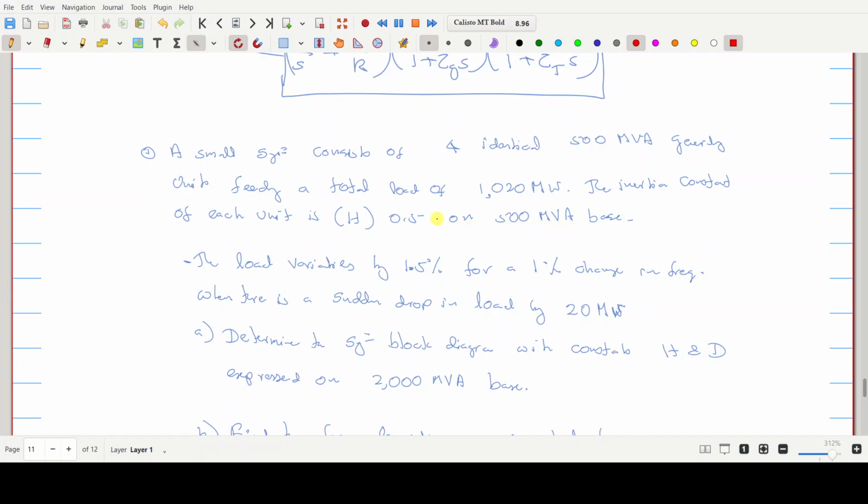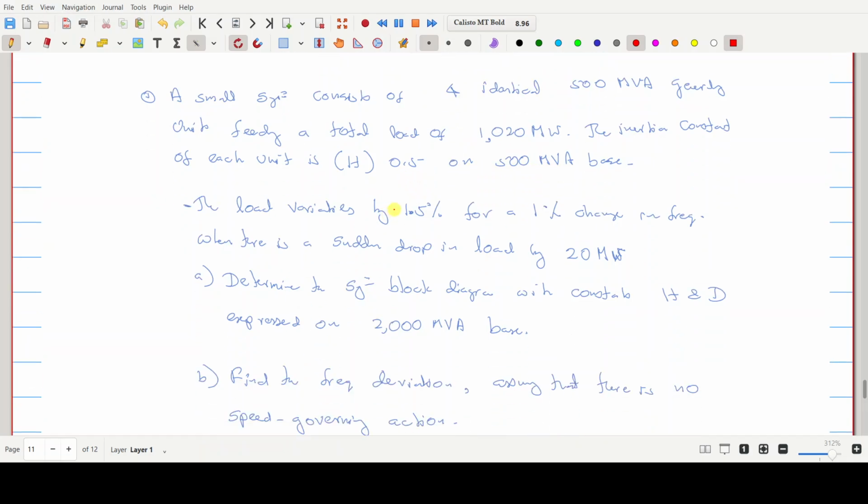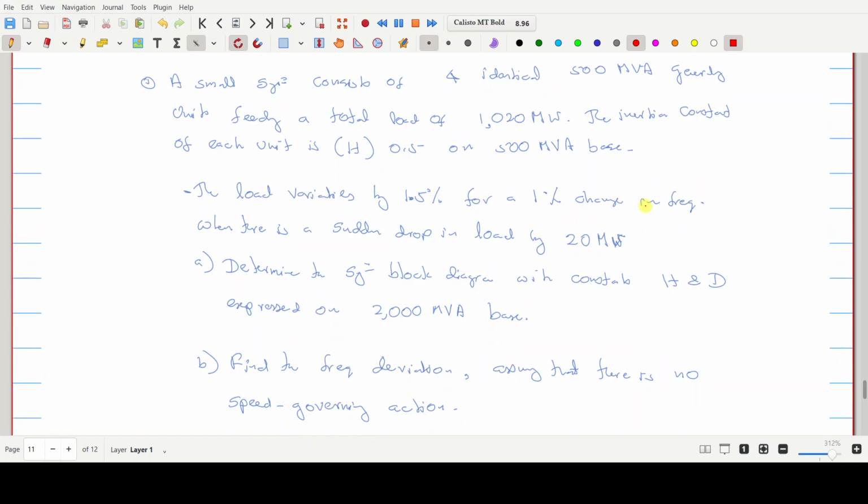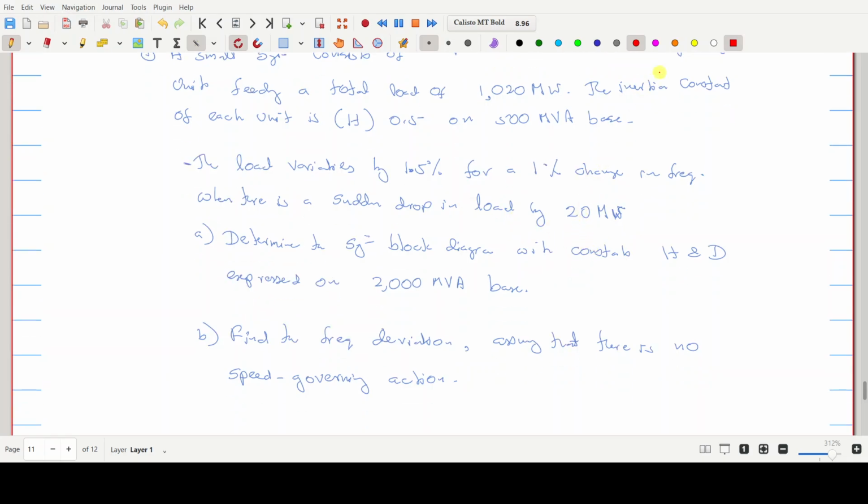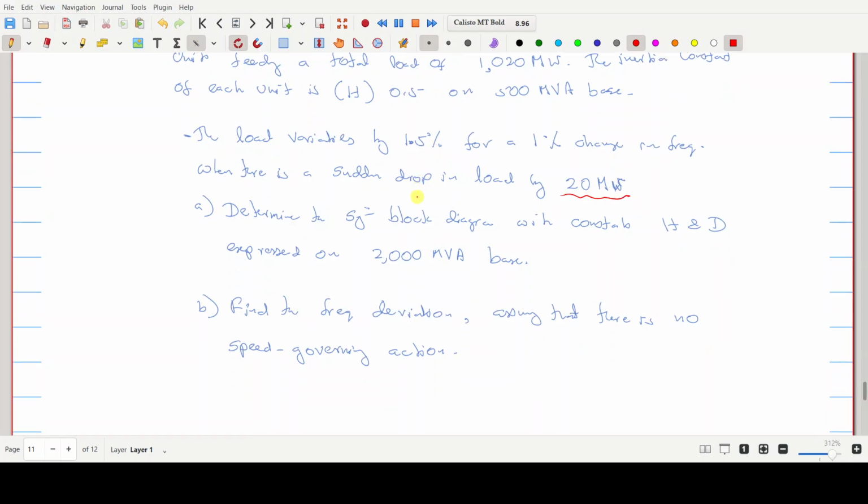And the load varies by 1.5% for a 1% change in the frequency. When there is a small sudden drop in the load by 20 megawatt, you need to determine the system block diagram with the constants H and D expressed on the 2000 MVA base.